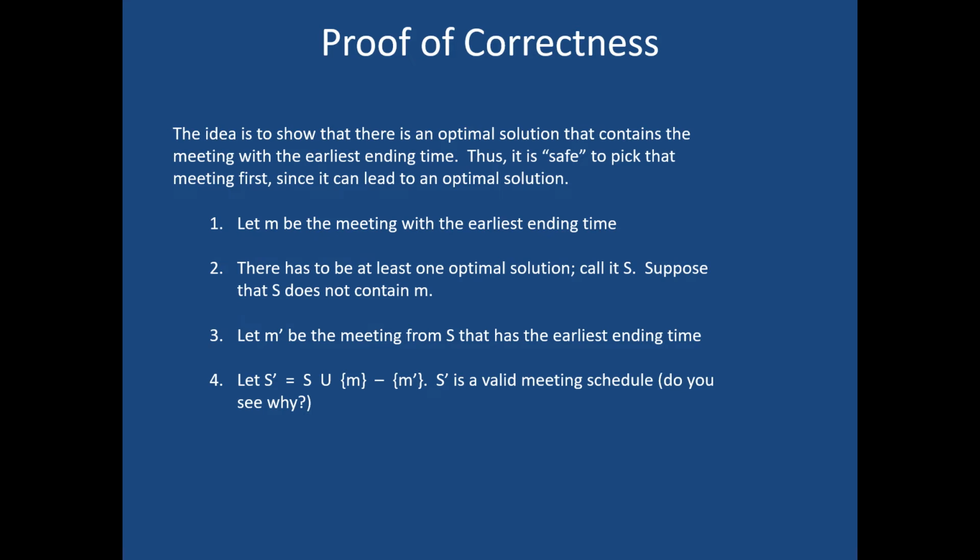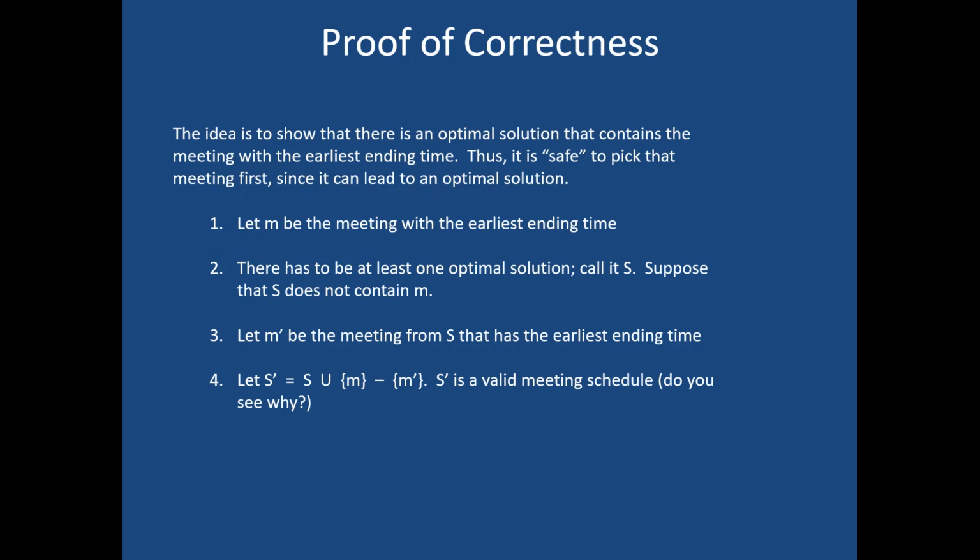That gives us a solution S prime. Now, I claim that S prime is an optimal solution. Let's think about that. First of all, it's going to have to be the same length as S, right? Because S was optimal. Is it the same length as S?